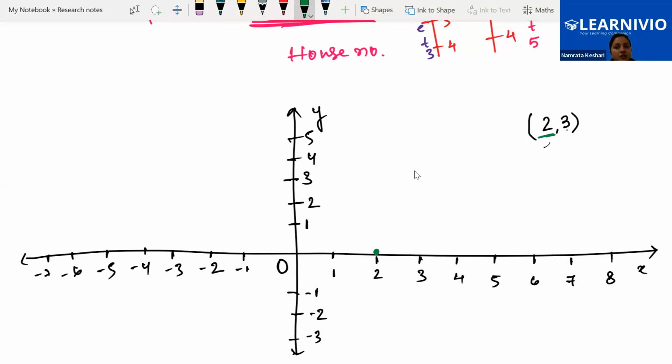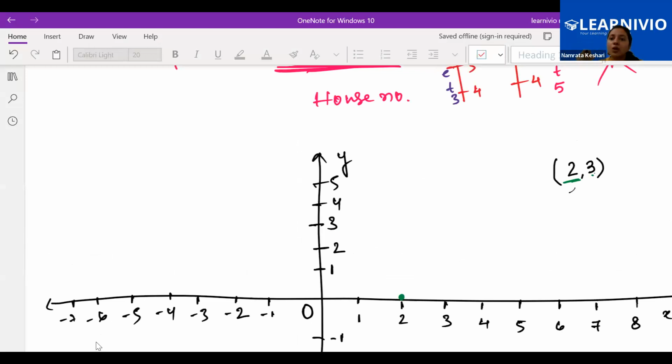Now y is positive 3. Can you please let me know, if y is positive 3, will we get this y positive 3 on the upper side of the vertical line or on the lower side? Upper side. Upside.